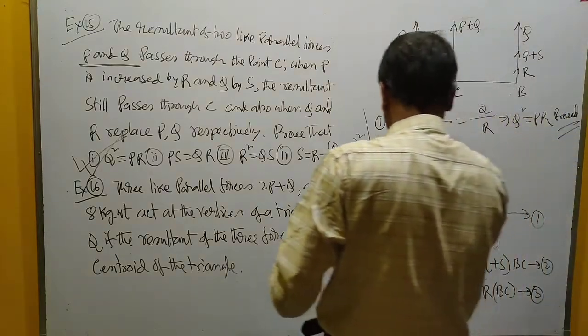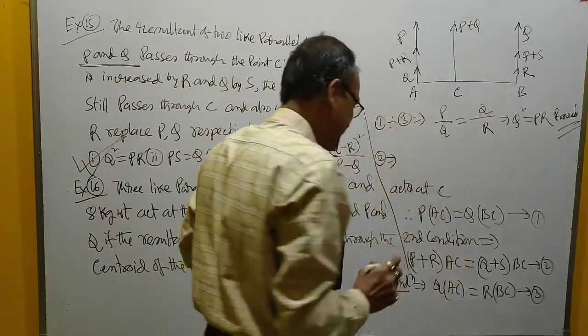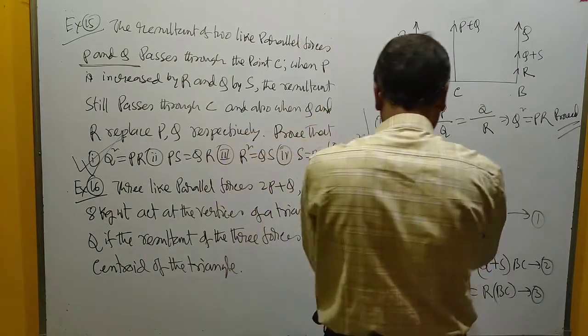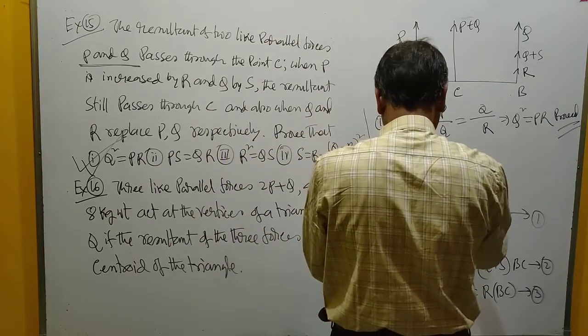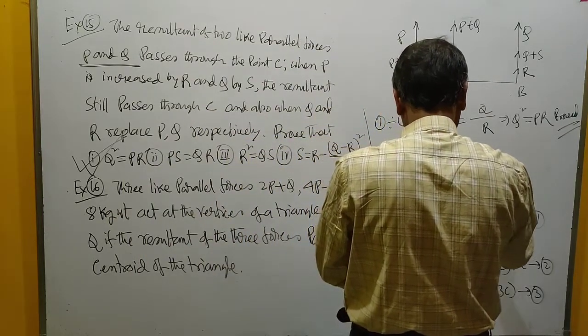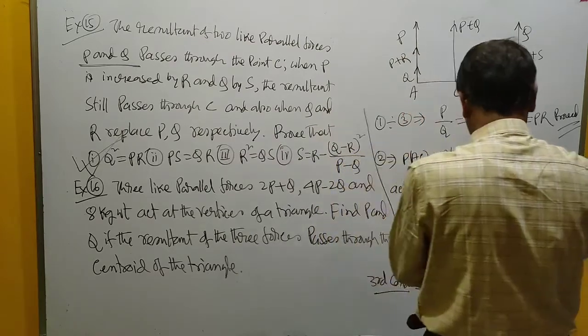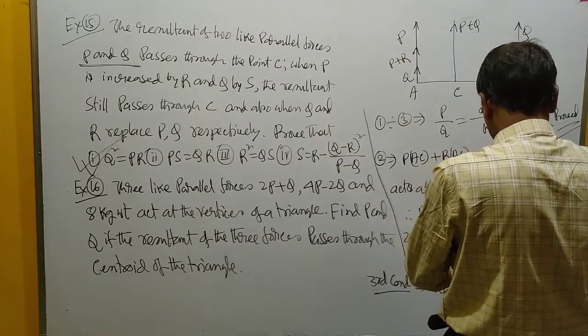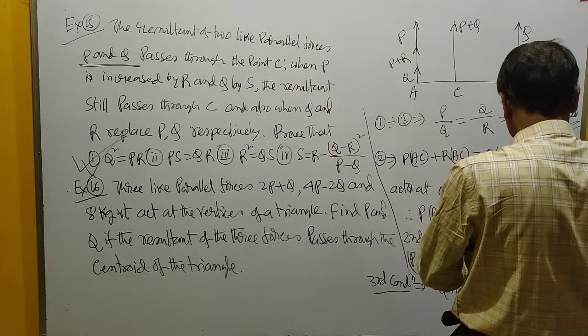Now from 2, we get P into AC plus R into AC equals Q into BC plus S into BC.